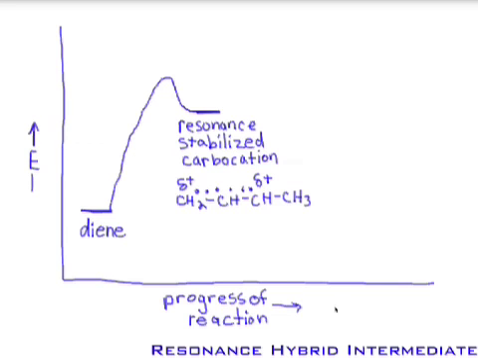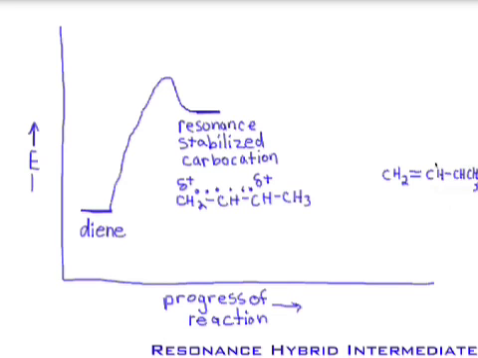Now it's at this point we get a deviation. Okay? We get a deviation. And let's consider what products we're going to make. Let's consider the 1,2 addition product, which is this guy. Running out of room.